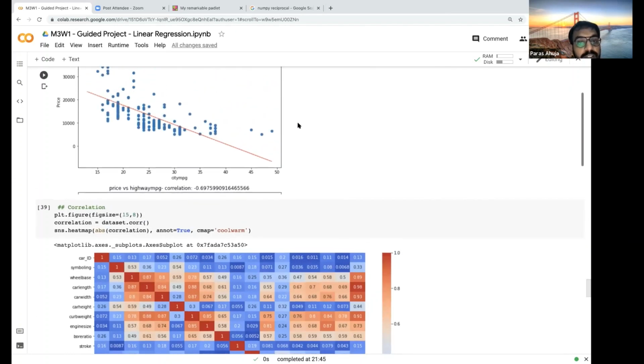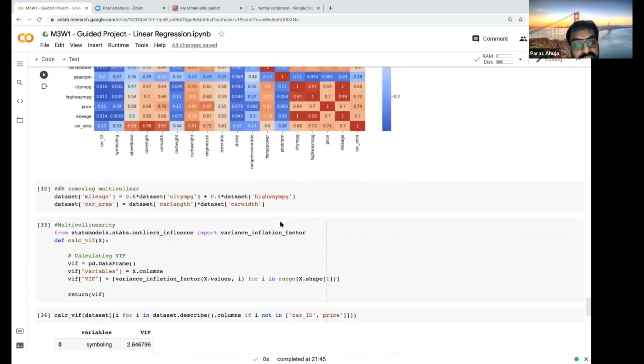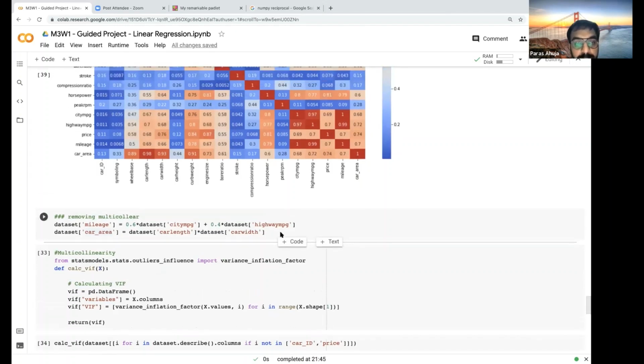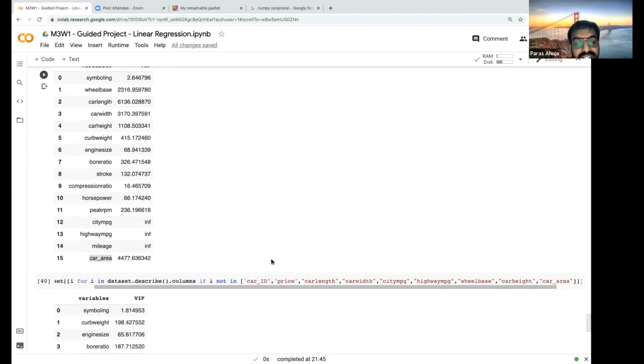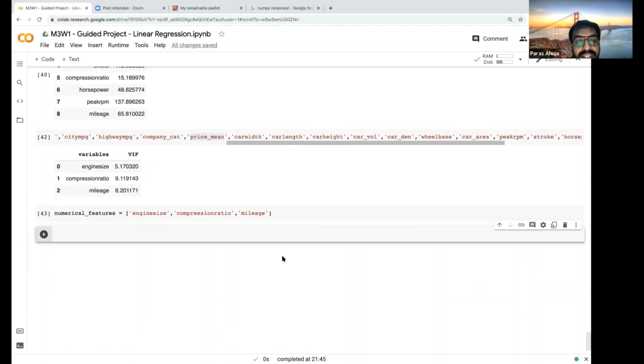Combining this VIF and correlation analysis, we can come up with an understanding that compression ratio depends on price, but not directly. Compression ratio has some relation with other variables that we have removed, which were depending on price. You understand? Okay. Got it.